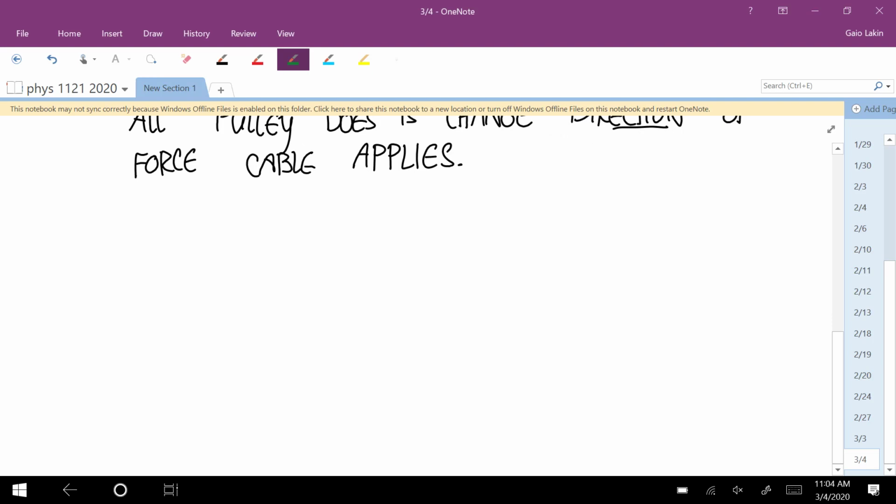So for example, if you have an object hanging over a pulley like this, and let's say this is 10 kilograms.